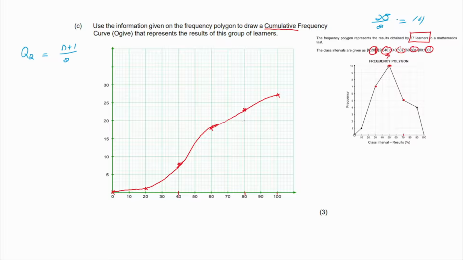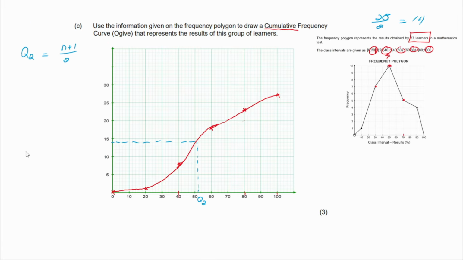So at 14 is where we would find the median. So 14 is here. We track across 14, we hit our curve, and then we pop down. So it's about 52% roughly. Here you put Q2, for median, or you could write median over here. That is where we would find the median.